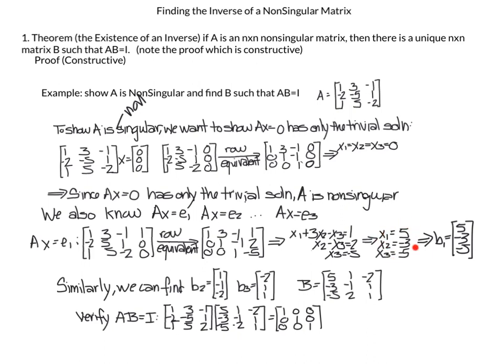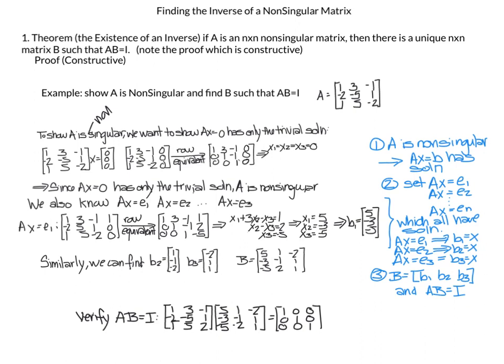We are going to name this solution B1. Similarly, by looking at AX equals E2, we can find B2, and looking at AX equals E3, we can find B3. Then we can put B1, B2, and B3 into a matrix B, and we can verify that A times B is equal to the identity matrix.